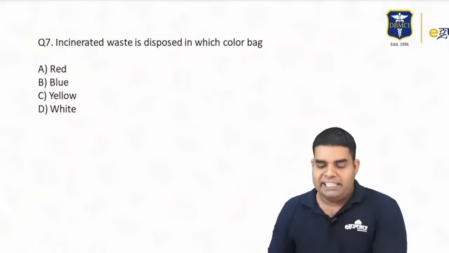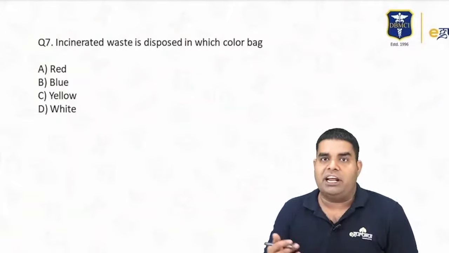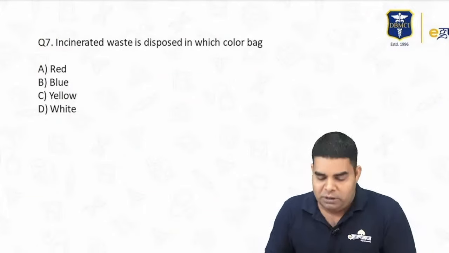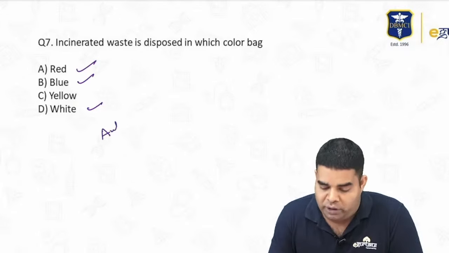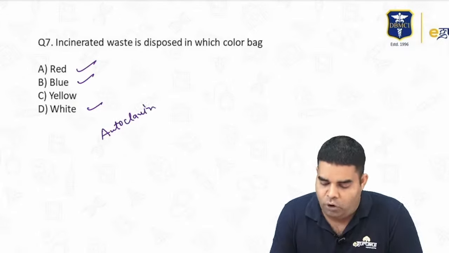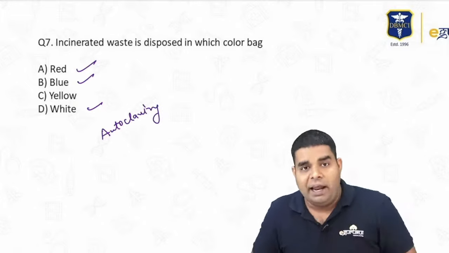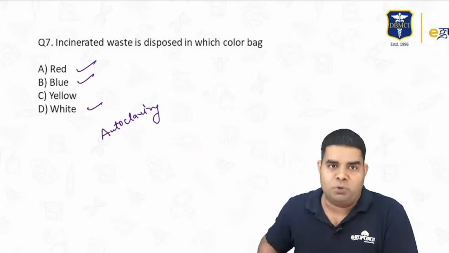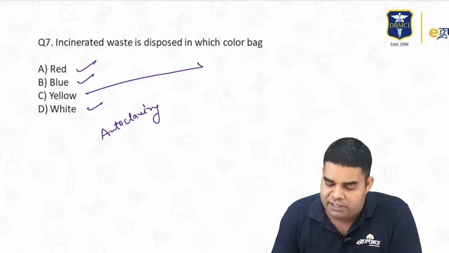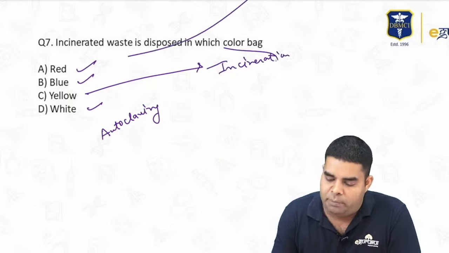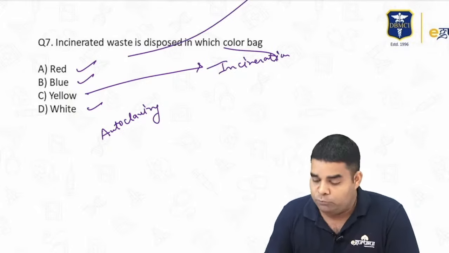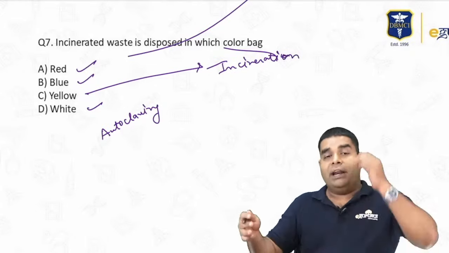Next question is about incinerated waste disposed in which color bag? So we all know that red, blue, white, they all go for autoclaving first, and they all go for sterilization, and after sterilization they are disposed. But yellow category waste directly goes for incineration or plasma pyrolysis, or they go for deep burial.